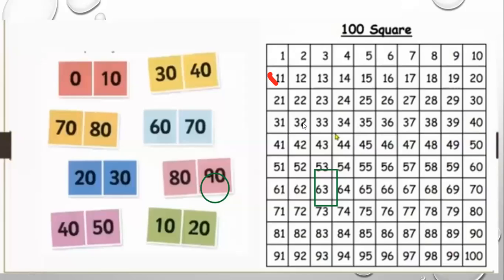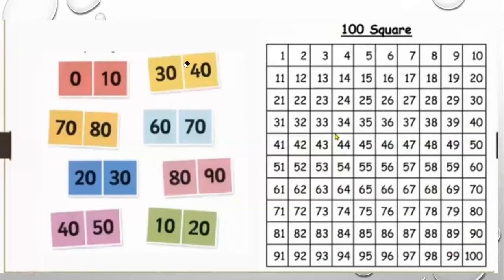Okay, let's start with the exercise. What is the midpoint of 0 to 10?